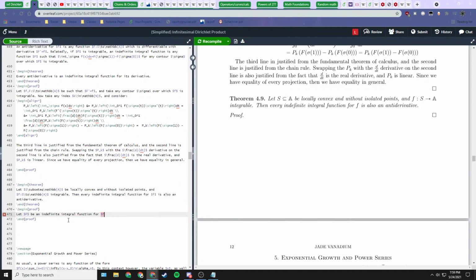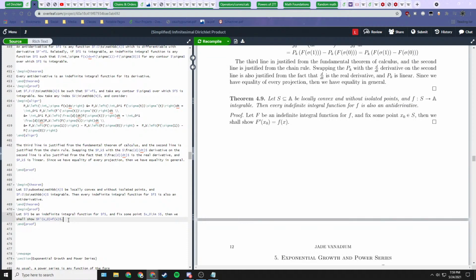Take some point x0 in S, then we shall show F prime at x0 is f of x0.